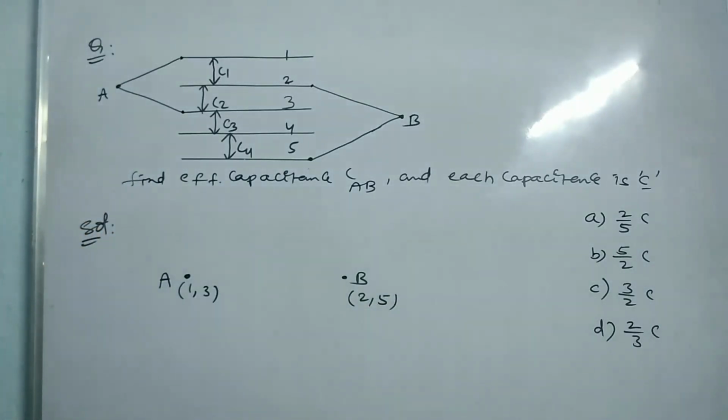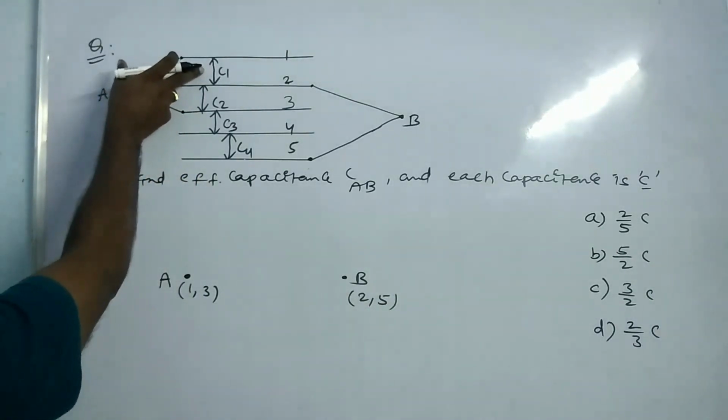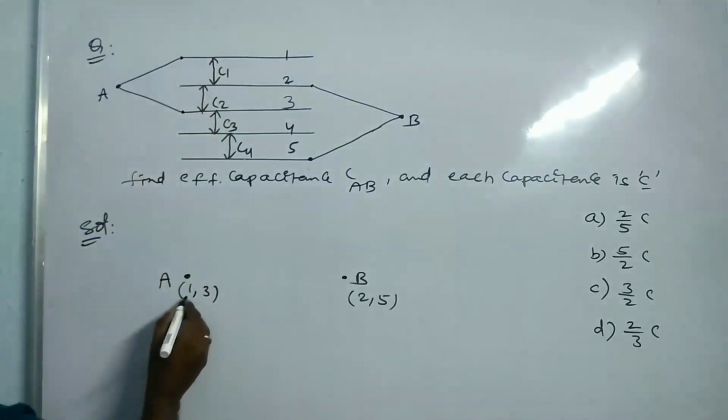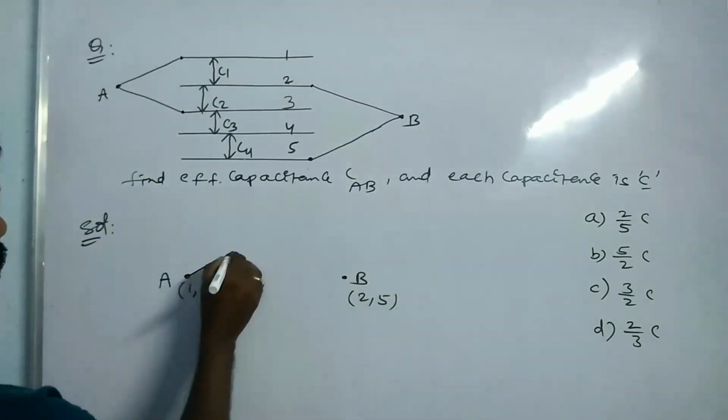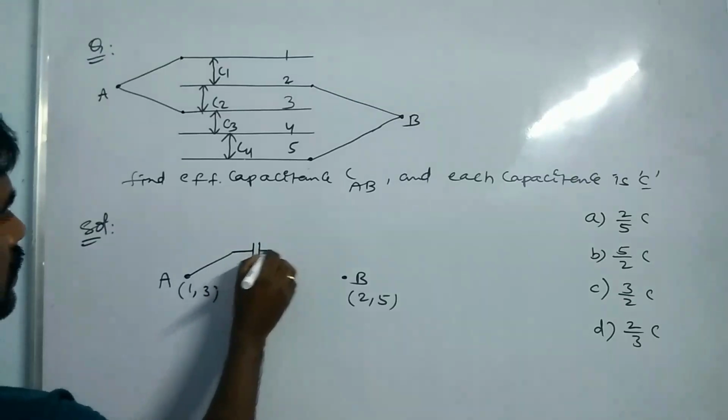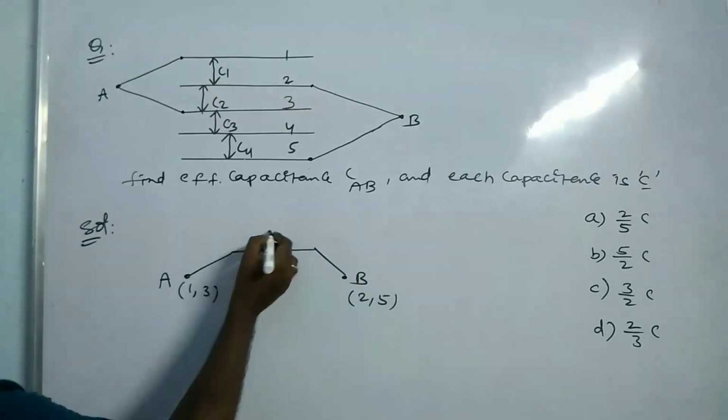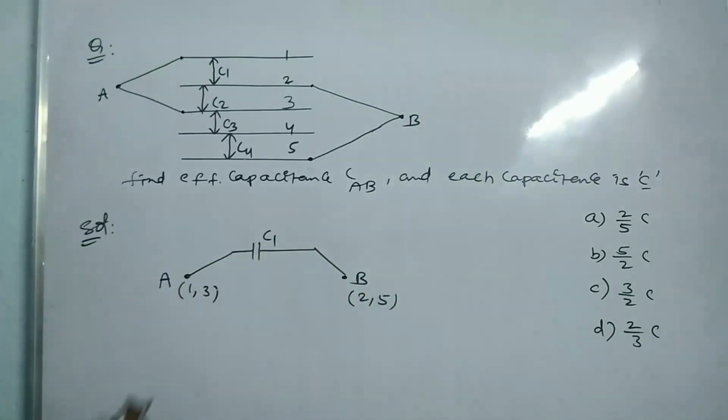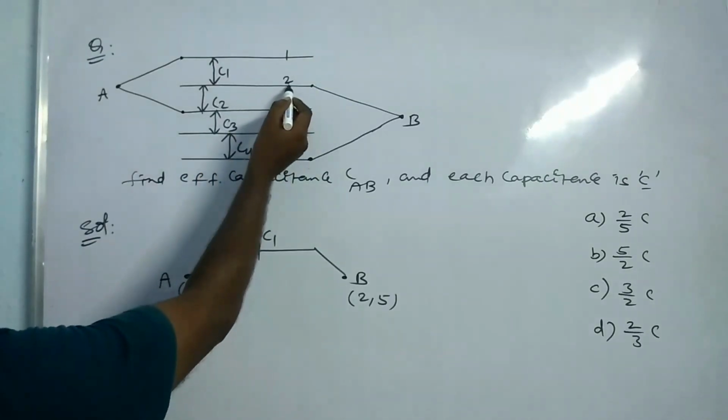Capacitor C1 is between 1 and 2. Capacitor C2 is between 2 and 3.